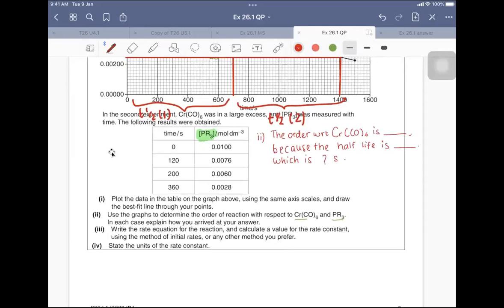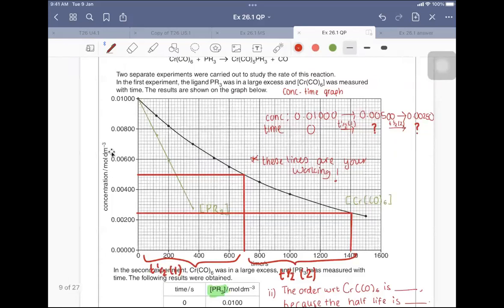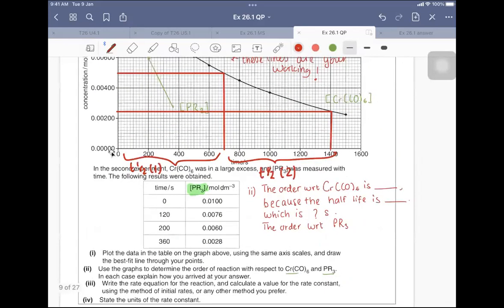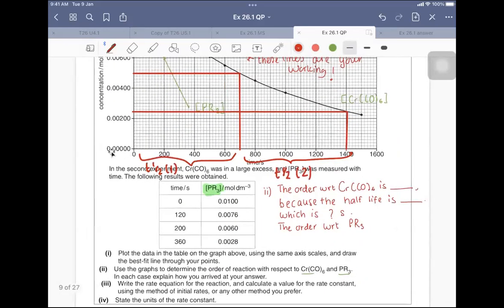Don't forget, we also want to know the order with respect to PR3. Now, you do not need to find the half-life, because the fact that it is a straight line is already enough support or evidence to confirm that the order is 0. Because the graph is a straight line.